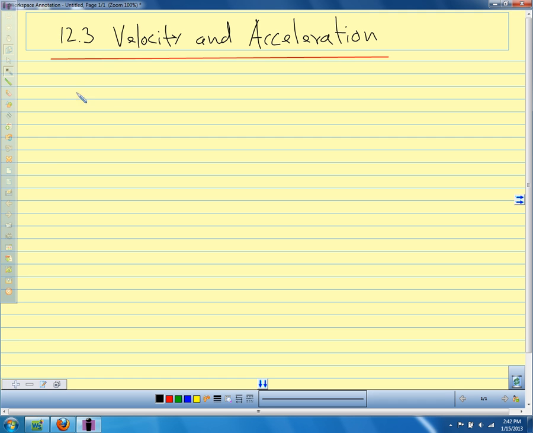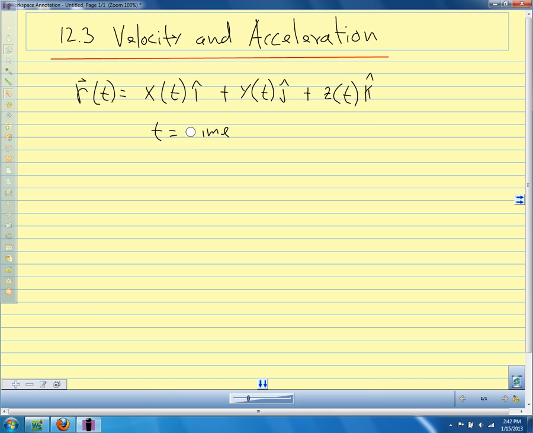So we're saying that r of t is some function x of t i, which gives our x component, plus y of t j for our y component, plus z of t k, and time is our parameter. So r of t describes the position vector, and our position vector changes with time.